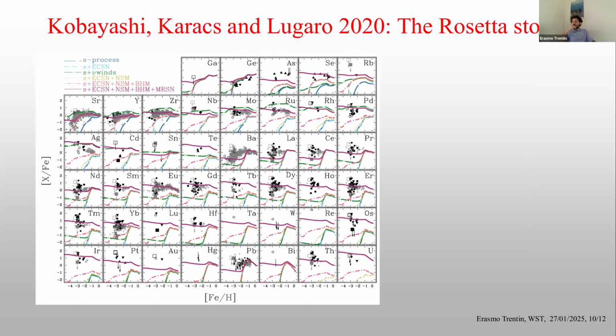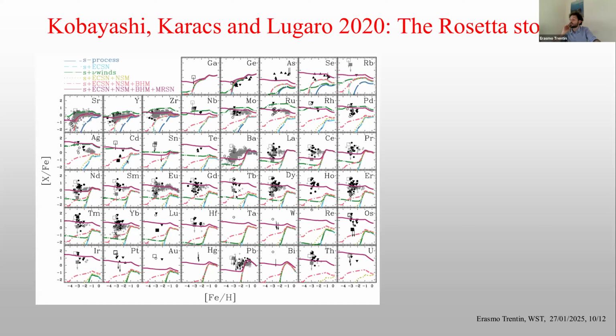If we go more in detail in the models of Kobayashi and collaborators' papers, we can see that for the whole set of neutron capture elements, they studied the several possible formation channels, starting from the blue lines.